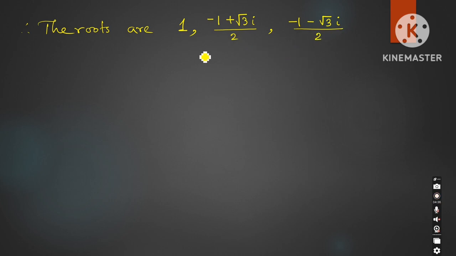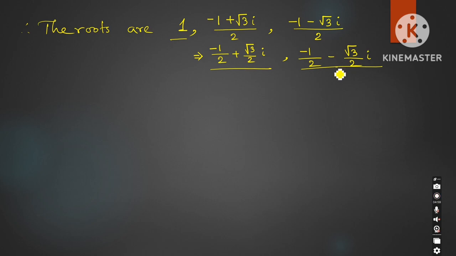You can write these as minus 1 by 2 plus root 3 by 2 i, and minus 1 by 2 minus root 3 by 2 i. These three roots are the cube roots of 1.